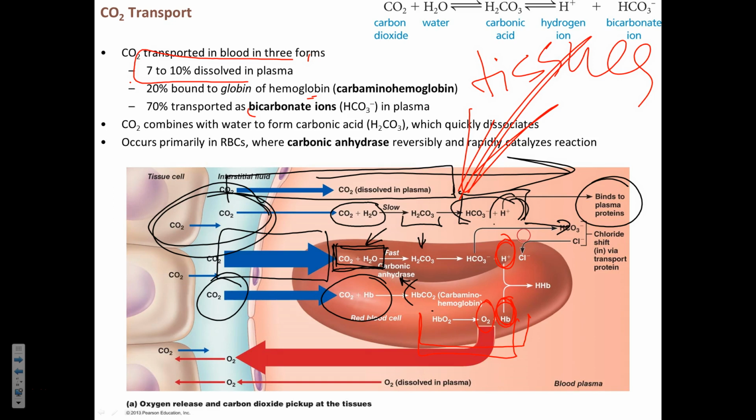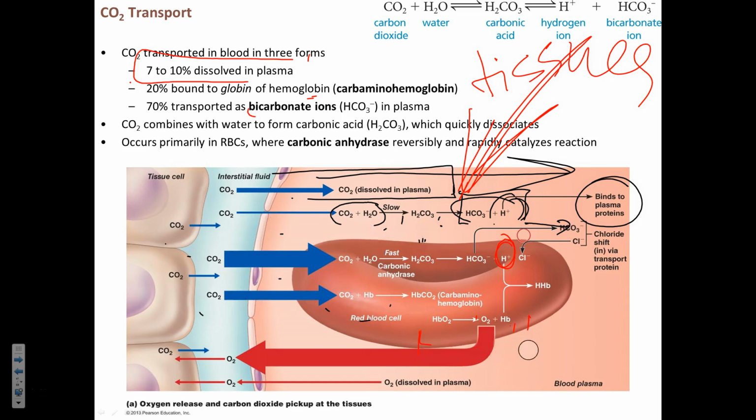A lot of CO2. And I want you to focus specifically on the formation of bicarbonate inside of the red blood cell. So we have a lot of CO2. What happens to the levels of carbonic acid if you have a lot of CO2? They go up.